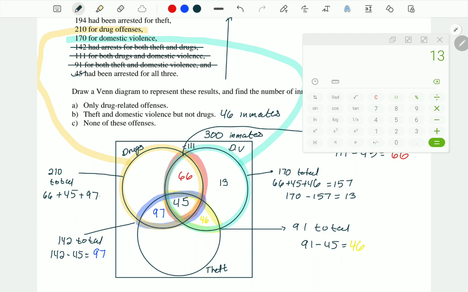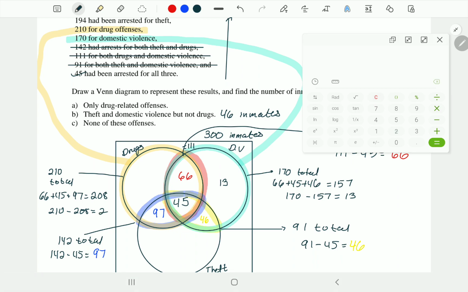Subtract that from 210. That's 208. Therefore, 210 minus 208 equals 2. Put 2 right there.